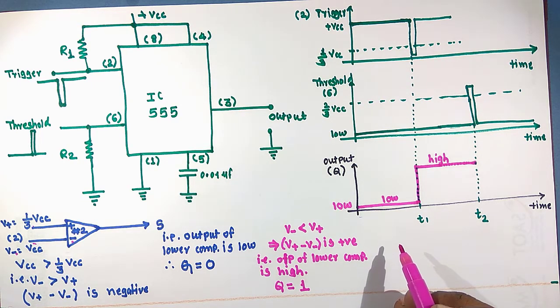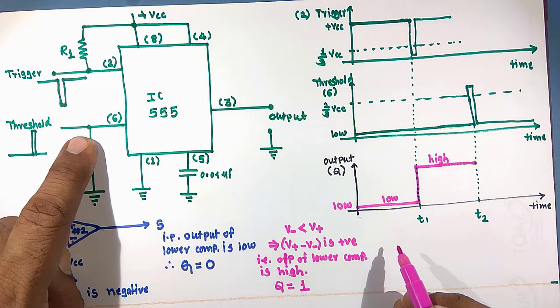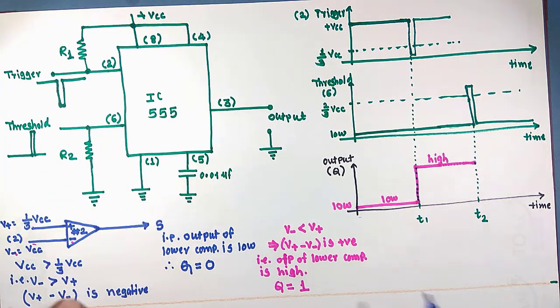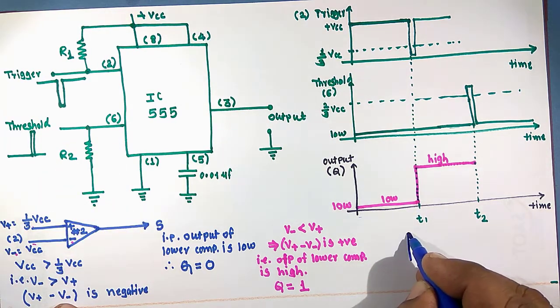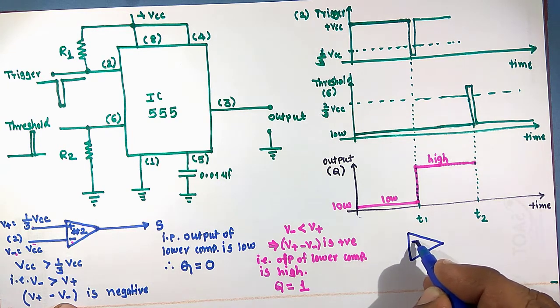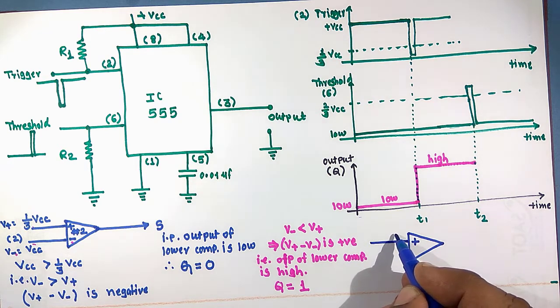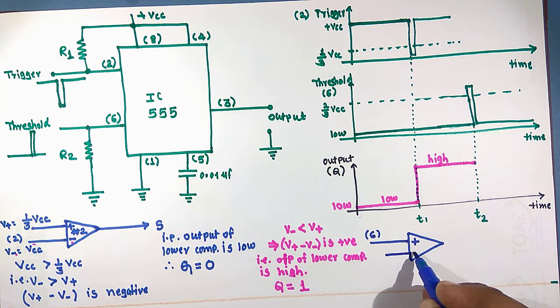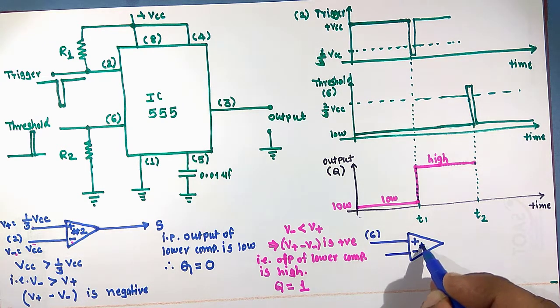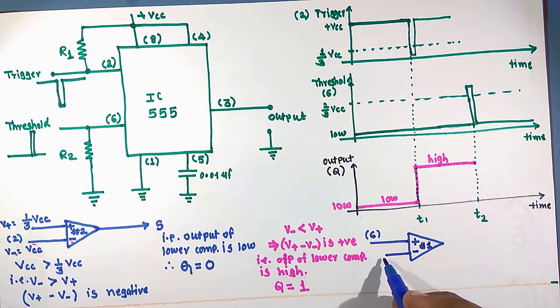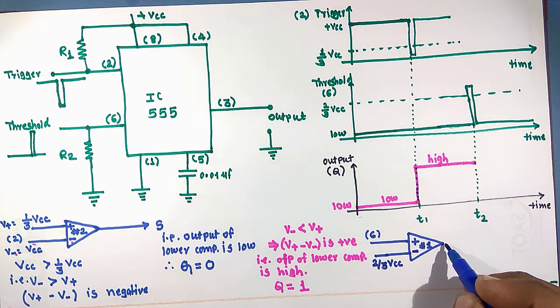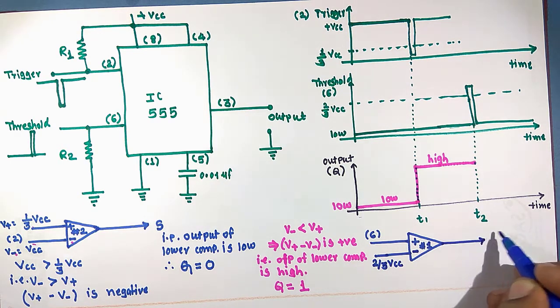If we consider the threshold input of IC 555, pin number 6 is nothing but the non-inverting input terminal of the upper comparator, comparator 1. The inverting input of the upper comparator is held at 2/3 VCC. The output of the upper comparator is given to the reset input of the flip-flop.